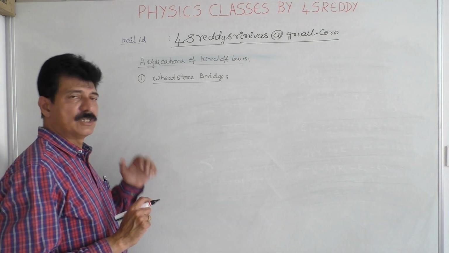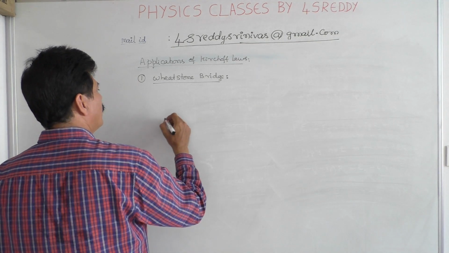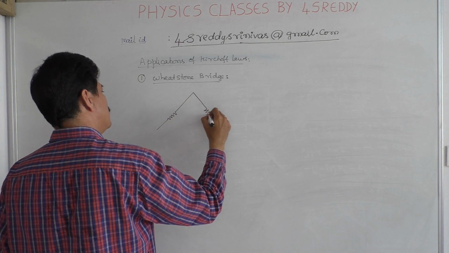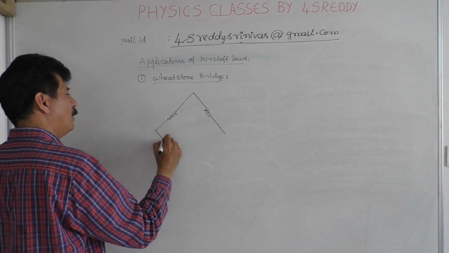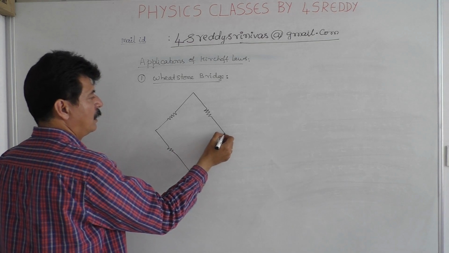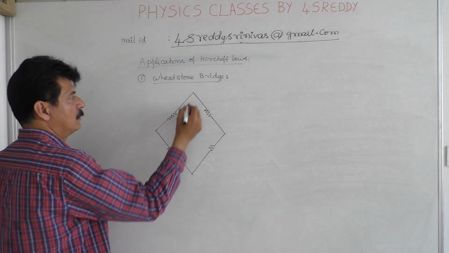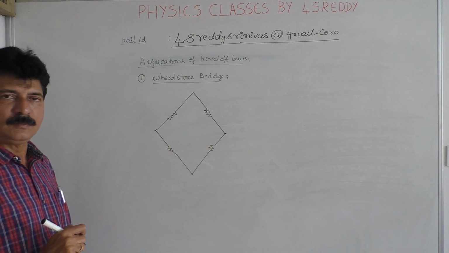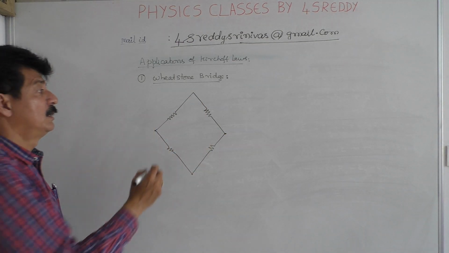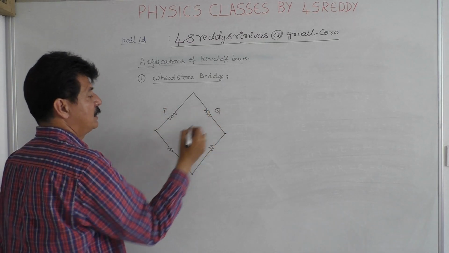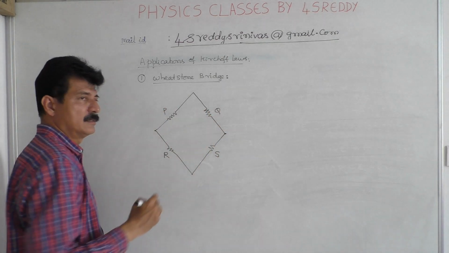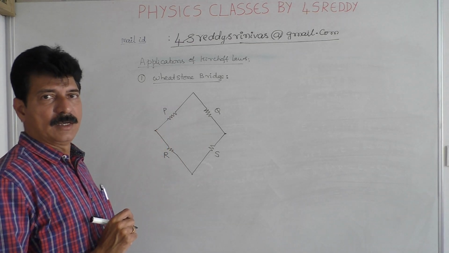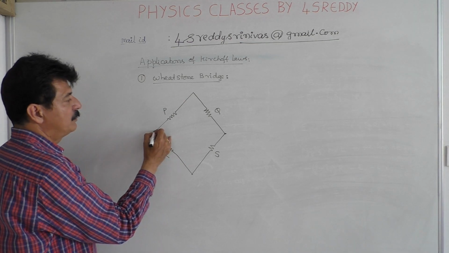The basic construction of this Wheatstone bridge is that it consists of four conductors of resistances P, Q, R and S. The arrangement of the Wheatstone bridge is: four conductors of resistances P, Q, R, S are joined to form a quadrilateral, like this.